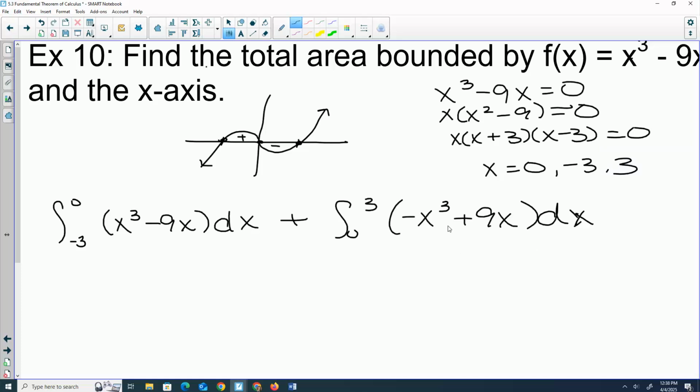If we just integrate the normal one, it's going to subtract it off. So antiderivative of x cubed, 1/4 x to the 4th, minus antiderivative of 9x, 9x squared.